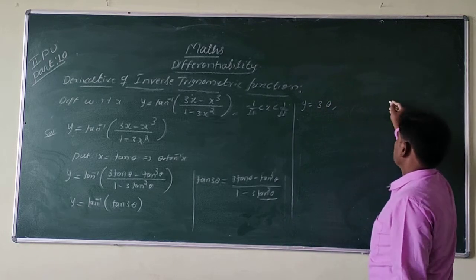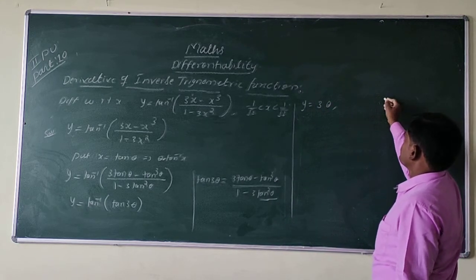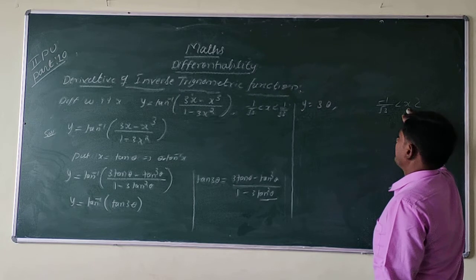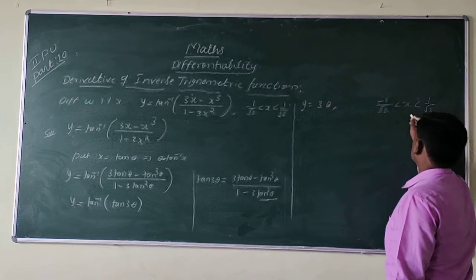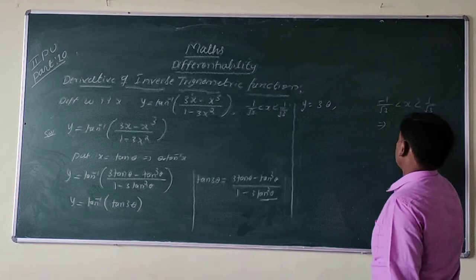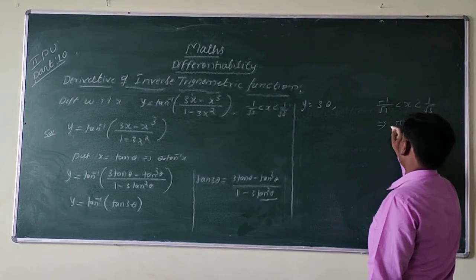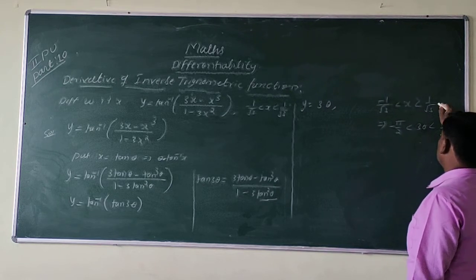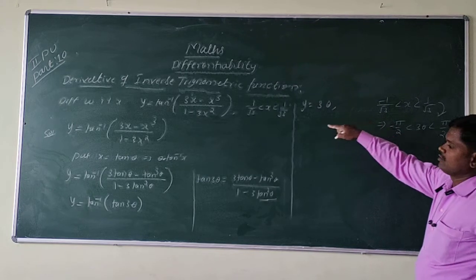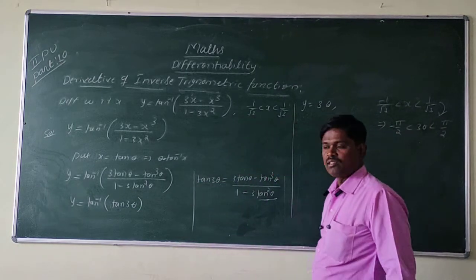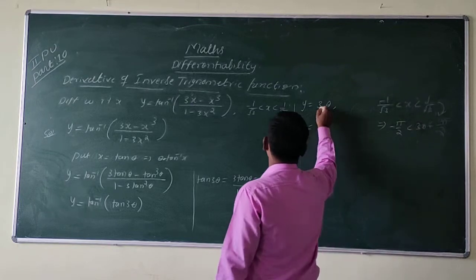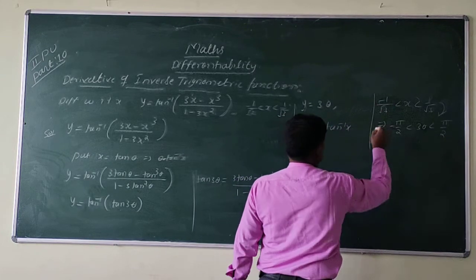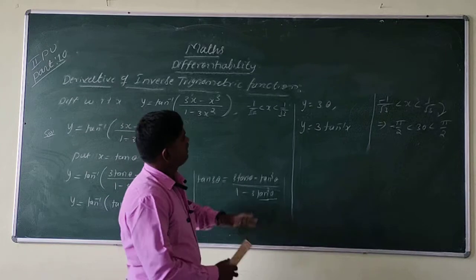From the given condition, minus 1 by root 3 less than x less than 1 by root 3, 3 theta lies between minus pi by 2 and pi by 2. So we can directly write tan inverse of tan 3 theta is equal to 3 theta. Then y is equal to 3 into theta, where theta is tan inverse of x. We can write this because the given condition satisfies it.